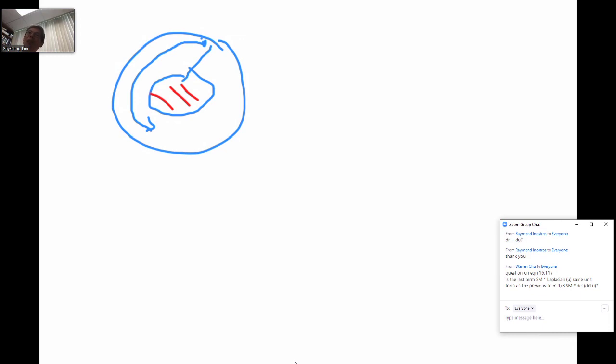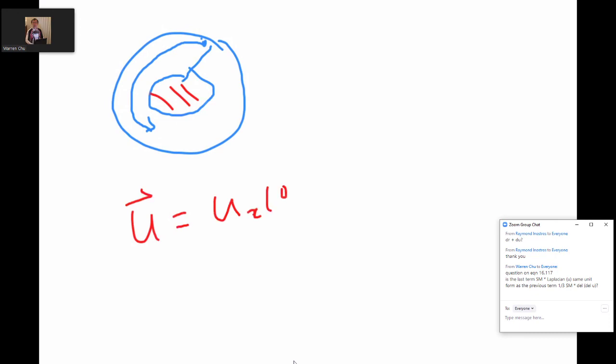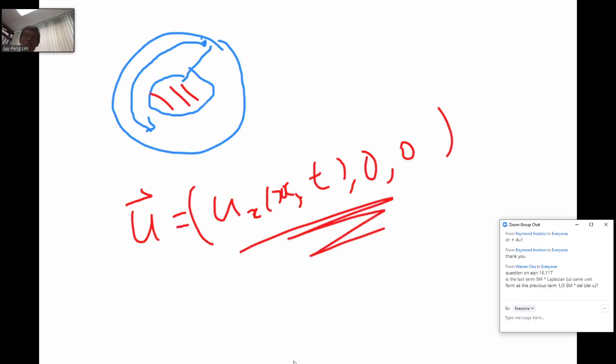I'm just wondering, can those two terms be combined in equation 16.117 to begin with? They are not combined, they're separate terms. But for the form of u that we have, it simplifies to 16.118. Under what condition? This condition.